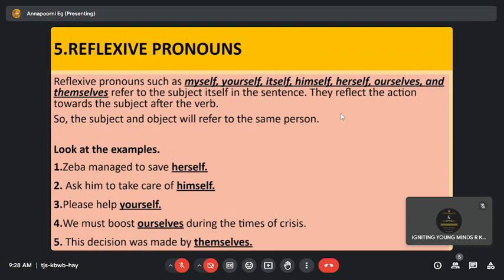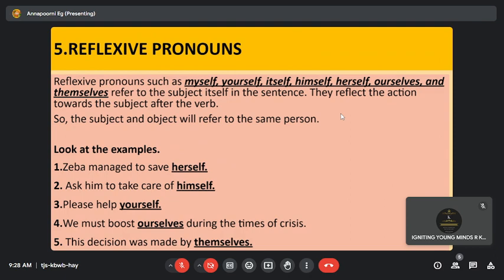So here you can see the examples. Zeba managed to save herself. So here herself and Zeba are the same person. Ask him to take care of himself. So here him and himself are the same. It denotes the same person. Please help yourself.